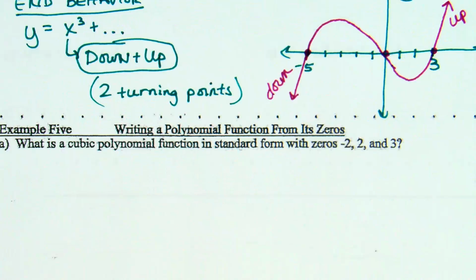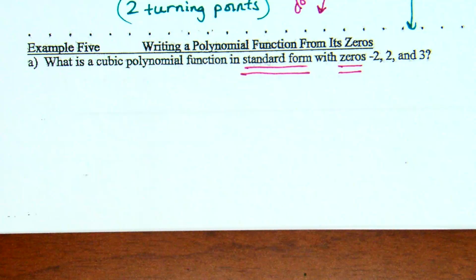What is a cubic polynomial function in standard form with zeros negative 2, 2, and 3? So, a cubic polynomial function in standard form with these given zeros. Okay, guys, think about it. Those zeros, how do I put them in an equation form?